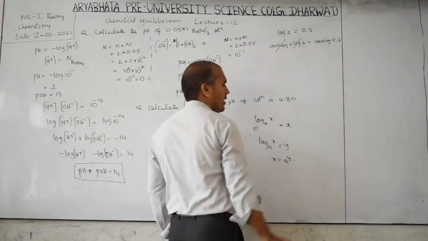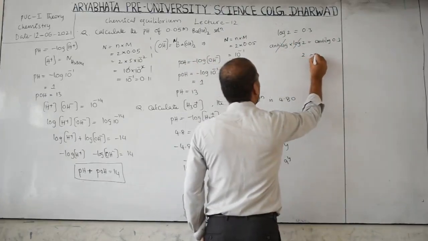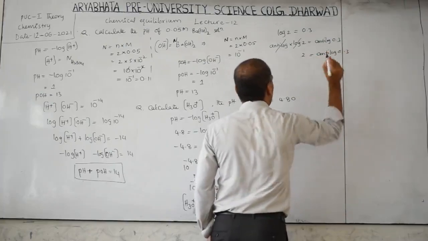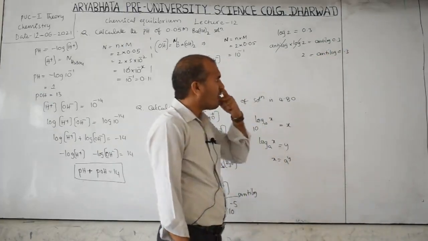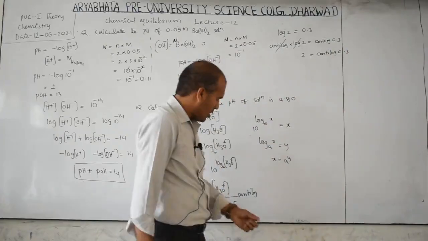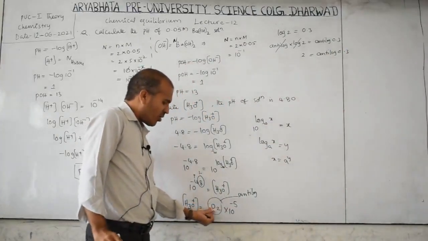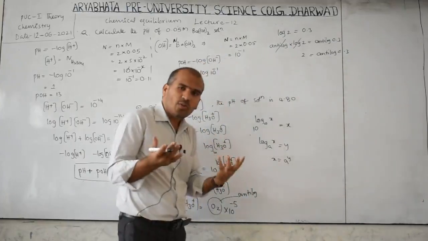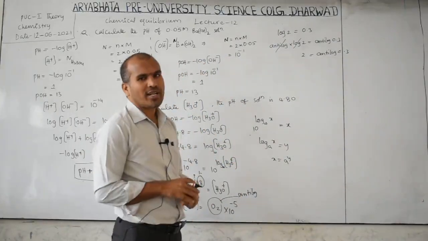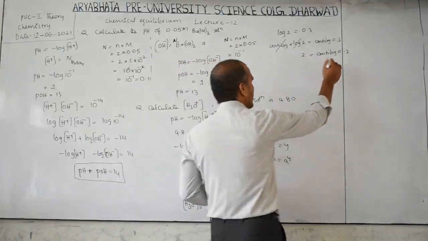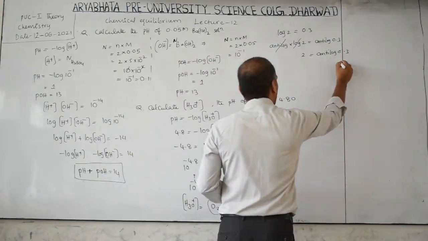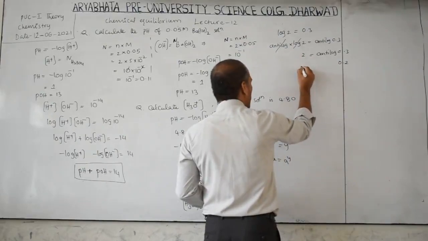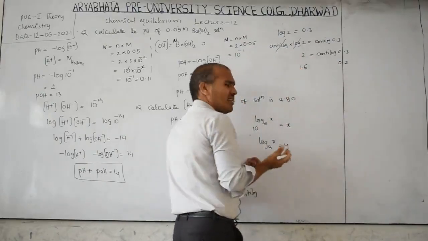Anti-log and log cancel, so 2 is equal to anti-log 0.3. So the anti-log of 0.3 is 2. Now we need the anti-log of 0.2. We don't know the 0.2 value exactly, but it will be less than 2, maybe 1.5 or 1.6, so we can write the answer roughly.